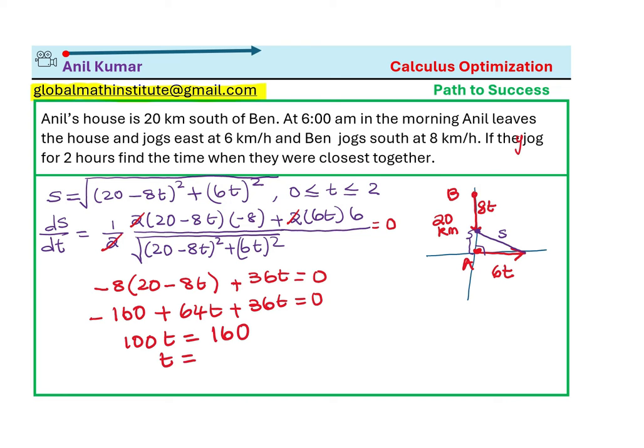So t equals 160 divided by 100, which is 1.6. So we get our critical number at t equals 1.6. Clear? Plus we know the boundary condition, which is t is between 0 and 2. Basically, now we need to find the values of S. Let us do it on a fresh page.